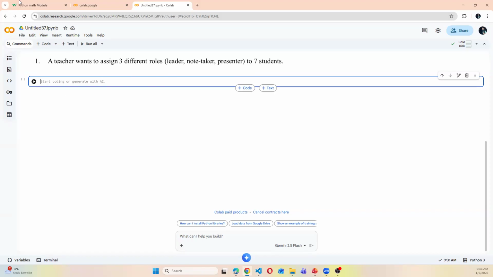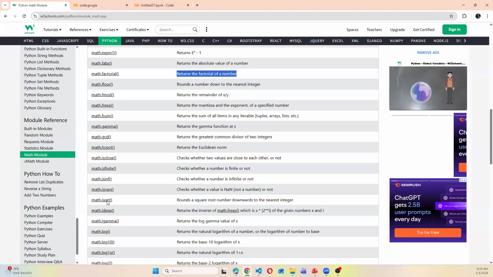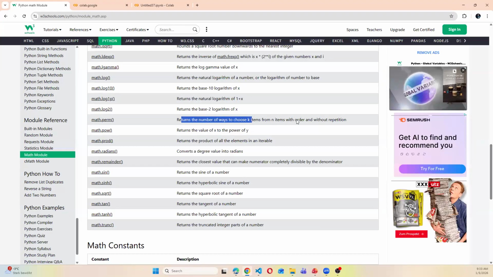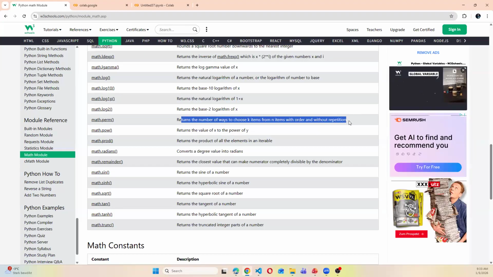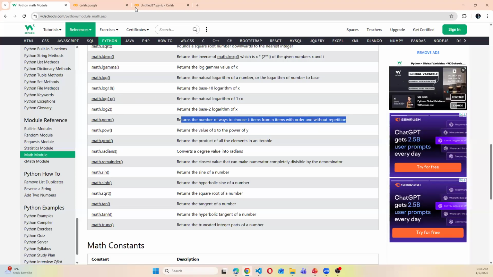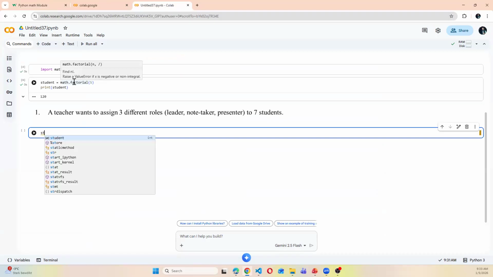So it's just easy. You can see here permutation, it's P. It returns the number of ways to choose K from N items with order and without repetition. So I will write this. The good thing is that once you import this, it will work here also.